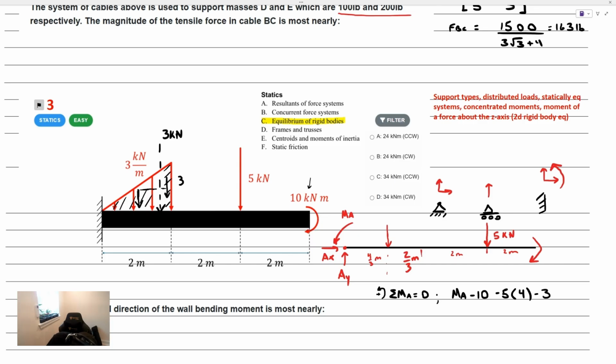So I'm going to put a minus 3 here, multiplied by 4/3. That all must be equal to 0. So the moment about point A is equal to 10 plus 20 plus 4, which is equal to 34 kilonewton meters here. And we know that the assumed direction of MA is going to be counterclockwise. So 34 counterclockwise should be the answer.